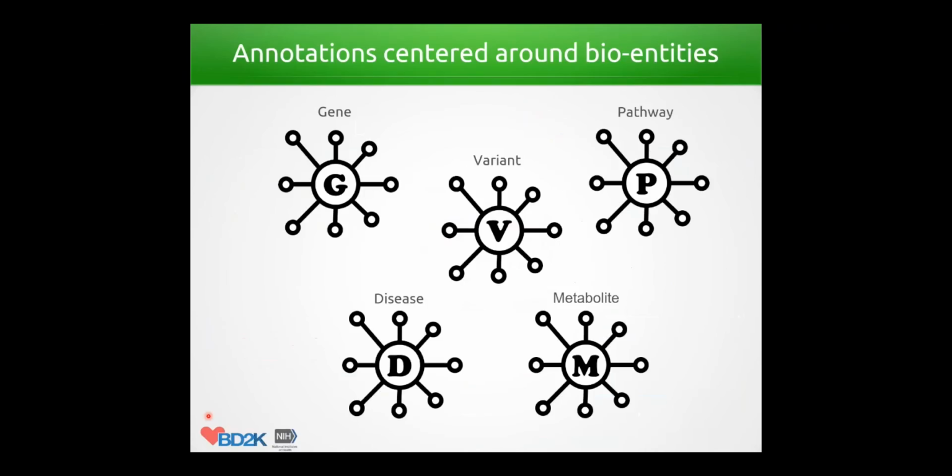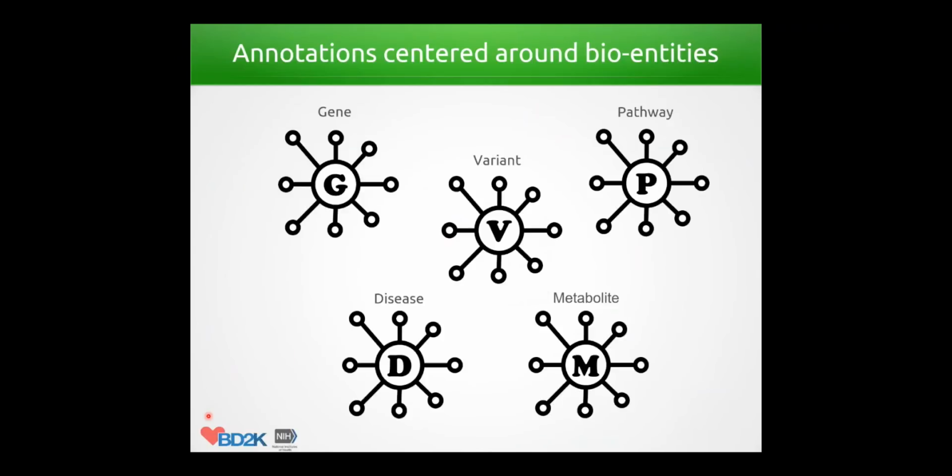We all know these annotations are so fundamental and important for biological research, like gene annotation and variant annotation, and we also have other annotations around disease, metabolite, pathway, and protein.